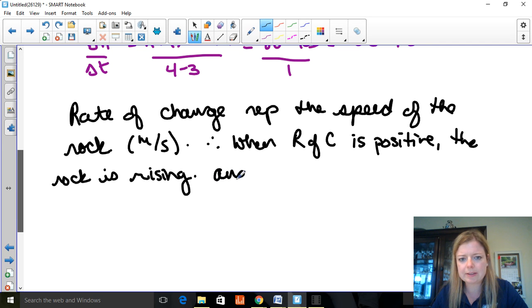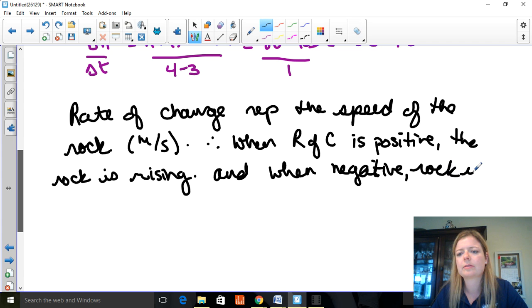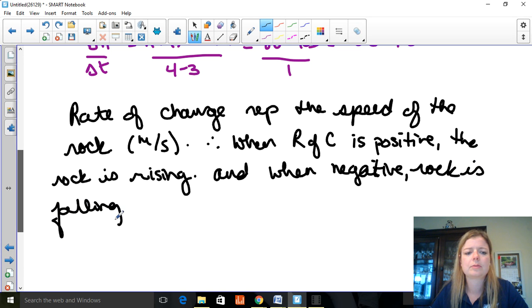And when negative, the rock is falling. Okay? Because think about it, that means height is decreasing with respect to time.